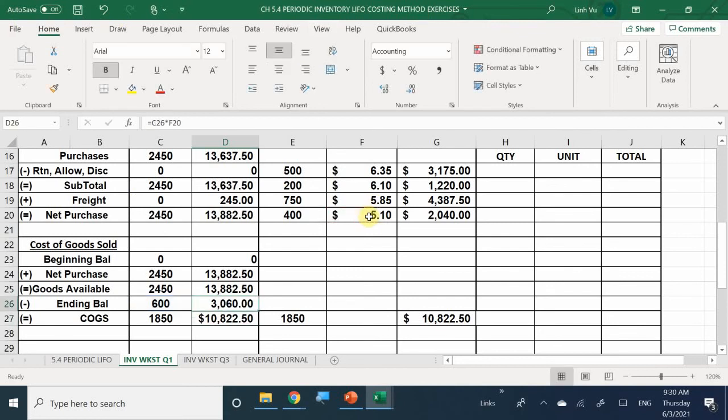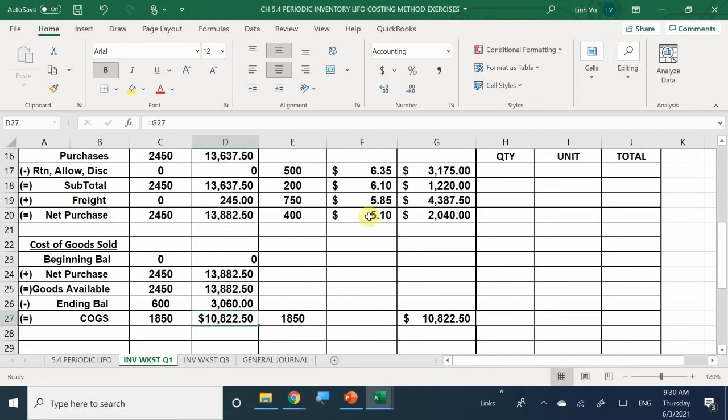But in this case, you could either do it that way, or you can just take your goods available and subtract out your cost of goods sold, and you get 3060.